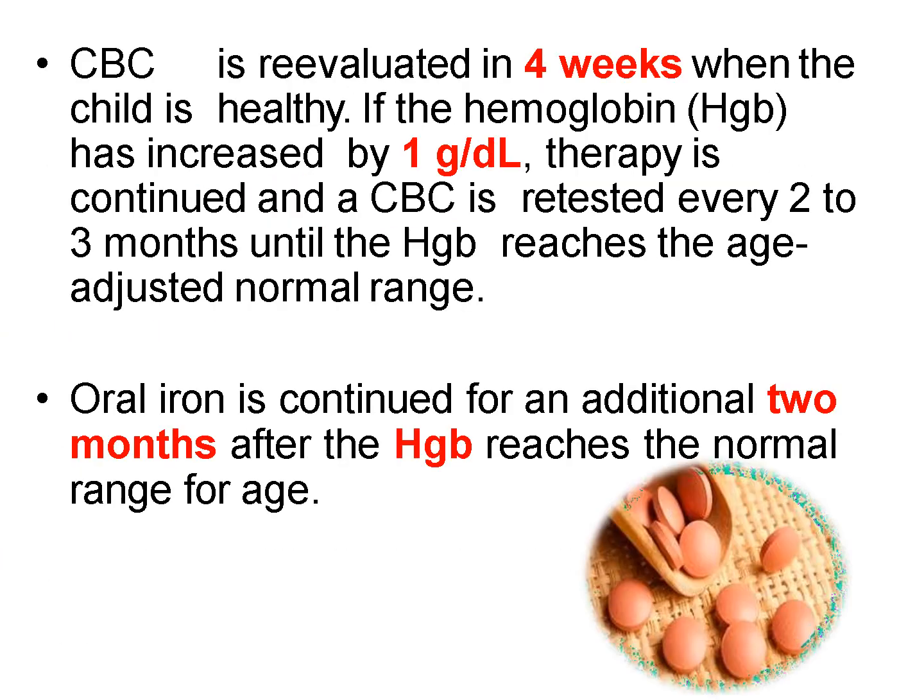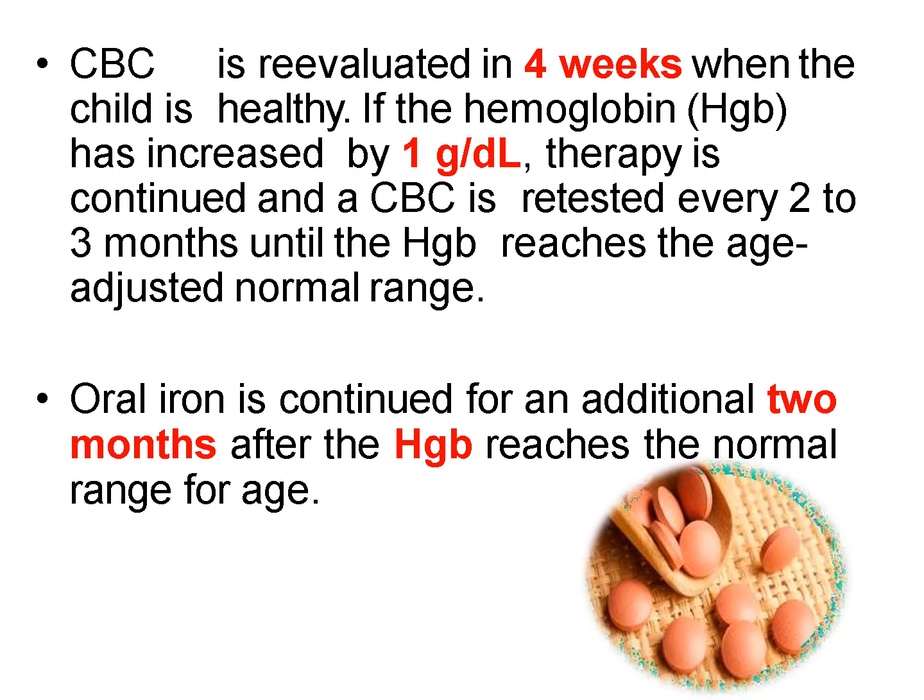Complete blood count is re-evaluated in 4 weeks when the child is healthy. If the hemoglobin has increased by 1 gram per dL, therapy is continued and a complete blood count is retested every 2 to 3 months until the hemoglobin reaches the age-adjusted normal range.